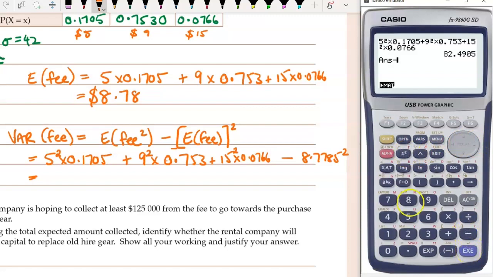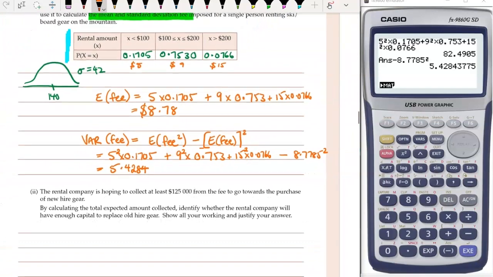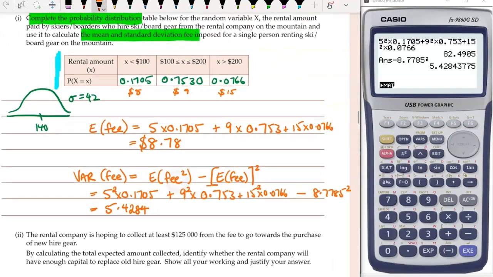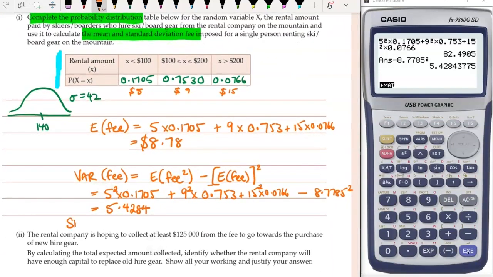And then we take off 8.7785 squared, which is equal to 5.4284. And then from there, the standard deviation is the square root of the variance. So the standard deviation for the fee is going to be the square root of that answer, and it's 2.33.